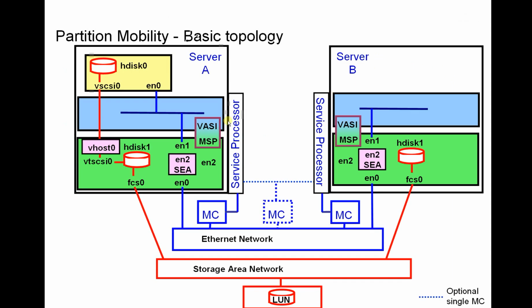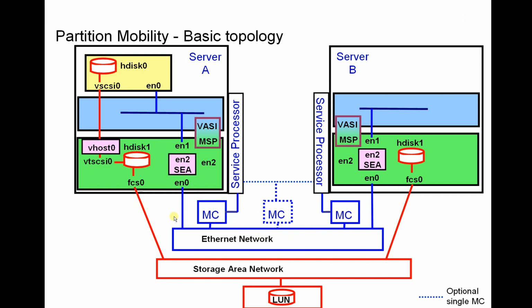So the one other thing I wanted to mention on this slide is that you see that I've got a management console and a management console, one for each one of these systems. Originally, the concept was for a management console that managed both source and target. That was the original design. That restriction, if you want to call it that, was lifted when they introduced the idea of a remote LPM, or live partition mobility.